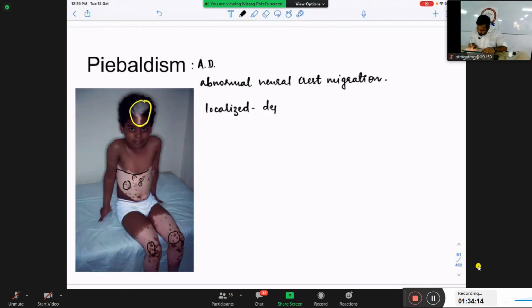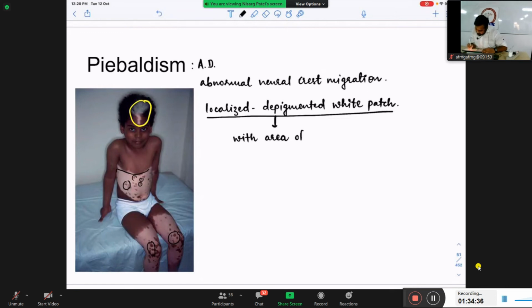You will see a localized depigmented white patch with areas of normal skin present.